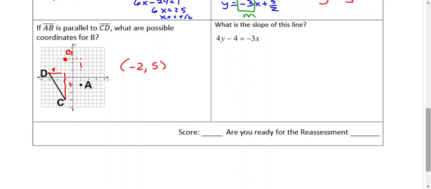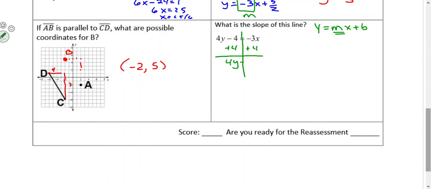Our last question asks us, what's the slope of the line? Again, we saw how easy it was to find the slope when it is in slope-intercept form, because then we're simply looking for the coefficient of x. So let's go ahead and turn this into slope-intercept form. Our goal is to get the y term by itself, so we're going to start by adding 4 to both sides.